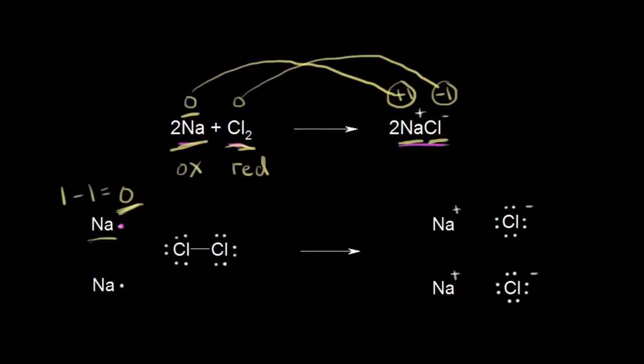Notice that I have 2 sodium atoms drawn here, and that's just what the 2 reflects in the balanced equation up here. Let's assign an oxidation state to each chlorine atom in the chlorine molecule. And so we have a bond between the 2 chlorine atoms, and we know that bond consists of 2 electrons. Now, when you're assigning oxidation states and dot structures, you want to give those electrons to the more electronegative element. In this case, it's the same element, so there's no difference.